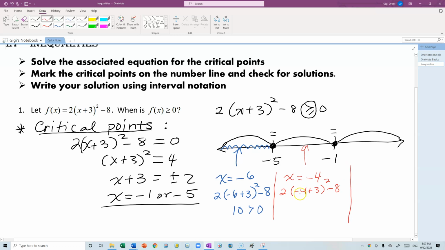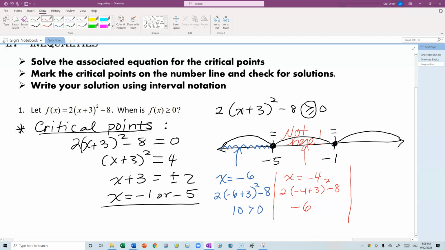So negative 4 plus 3 is negative 1, squared is 1, 1 times 2 is 2, 2 minus 8 is negative 6. Negative 6 is not greater than 0, so it is not here.